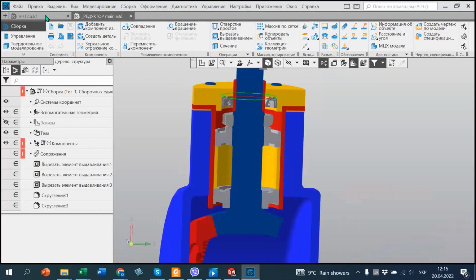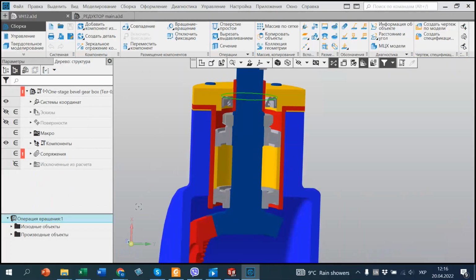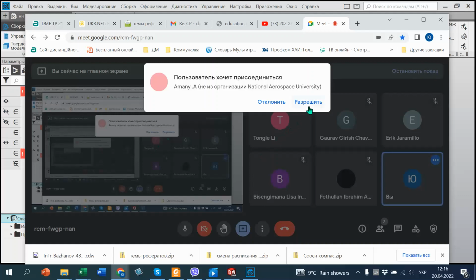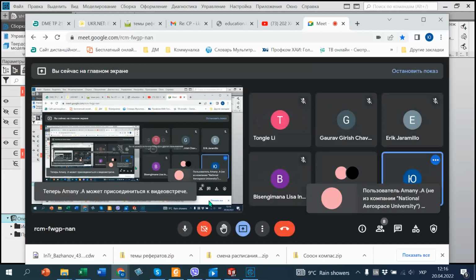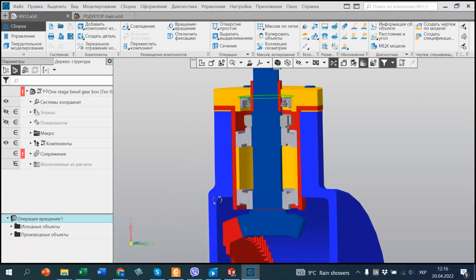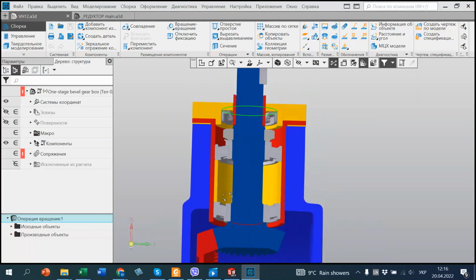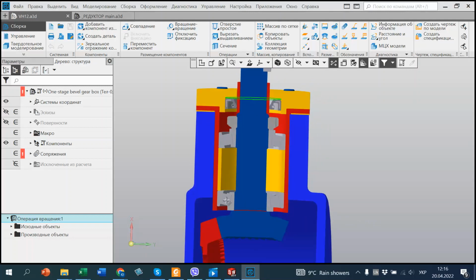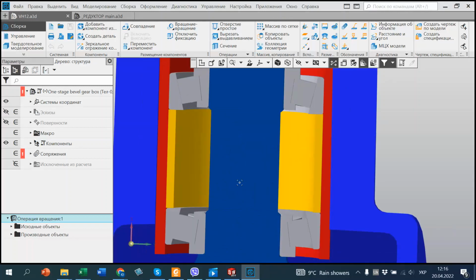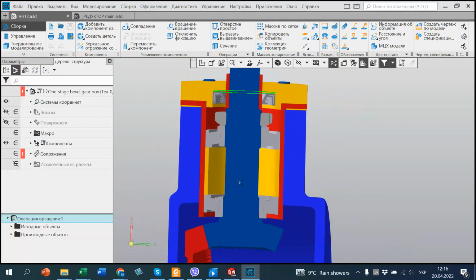Maybe like this, or maybe... just a moment. The same idea, it's vertical VH1, 2, and here we have the same design.